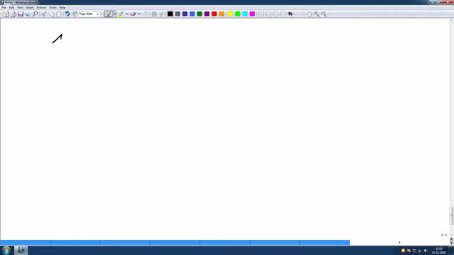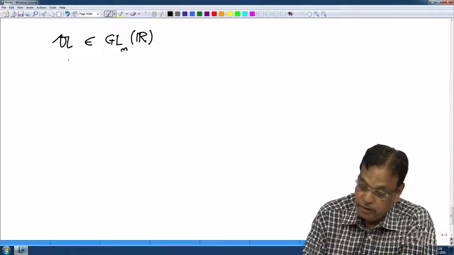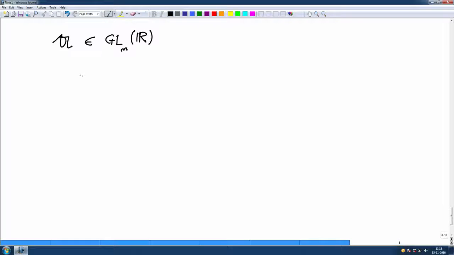For example, instead of a matrix in GLn(R), a non-singular matrix, I would like to consider a map F from Rn to Rn, which is an R-automorphism, or even more general than this.